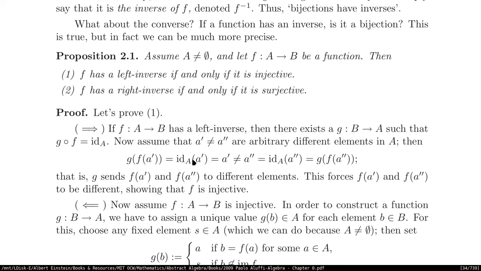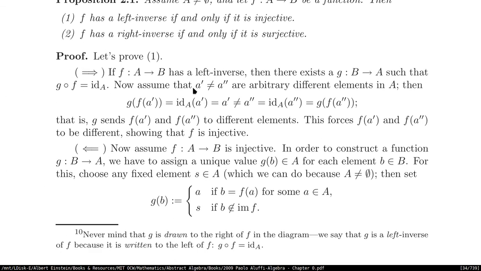So the point is that when you apply the function on two different elements, you always get two different images. And that's the definition of injectivity: different elements get mapped to different elements in the image. So that's halfway through the proof.